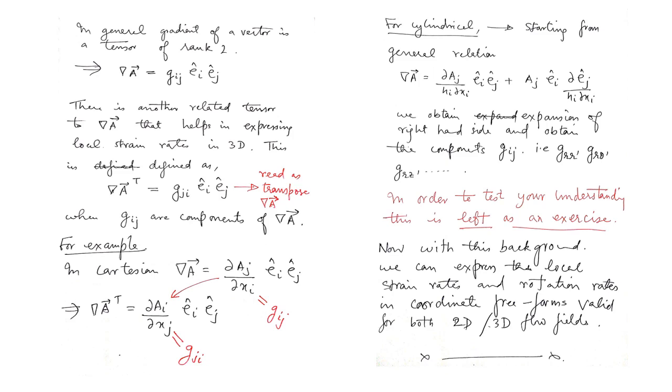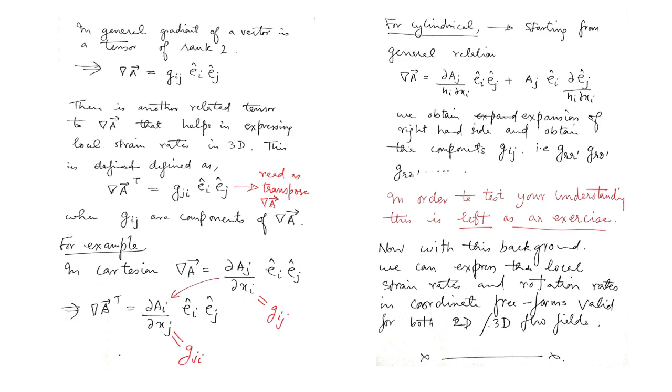So if I define another related tensor, why I am saying related, you will soon see. This is grad A with a subscript T. Okay, so this is read as transpose of grad A.